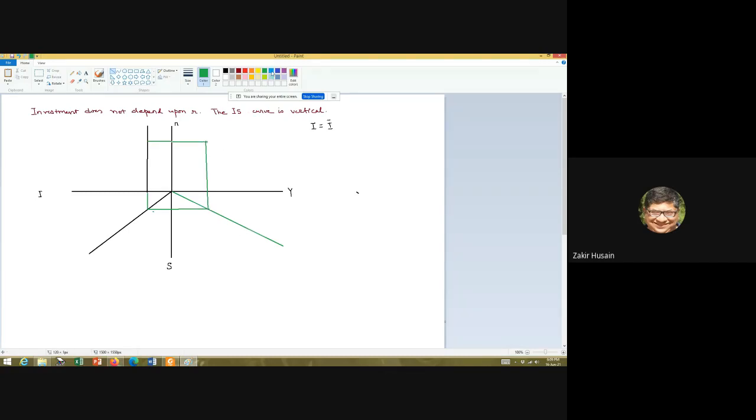So this is 1 point, and the second point is, again, it will come like this. If we take a different rate of interest, it's going to come like this, like this, like this. So the IS curve is vertical.